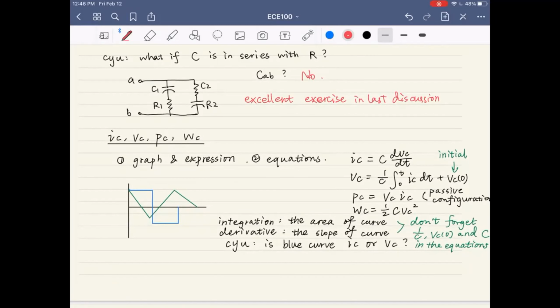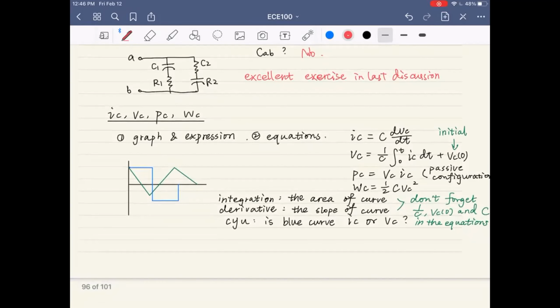It's about all the properties, current, voltage, power, and energy of capacitance. As the professor mentioned in the lecture, we care about two things. The first one is the transformation between the graph and the expression. You should be confident and comfortable with computation when you are given a graph or given the expression, like for example V(t) equals 5 volts at this time period.